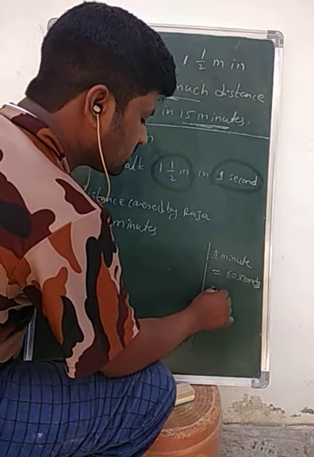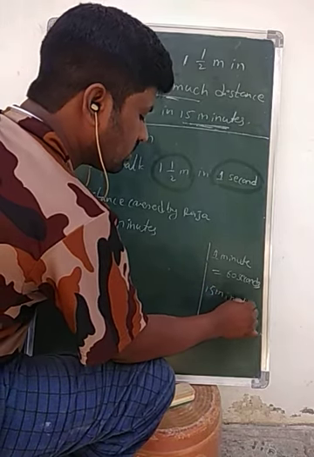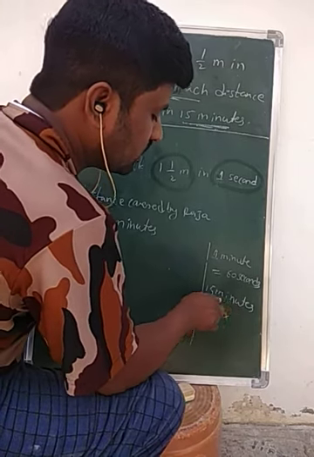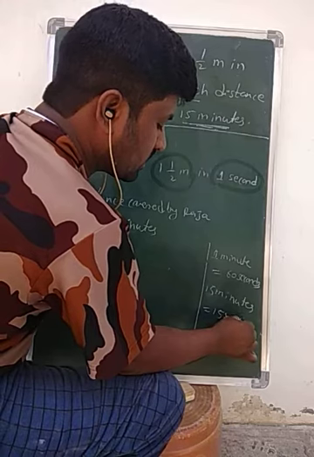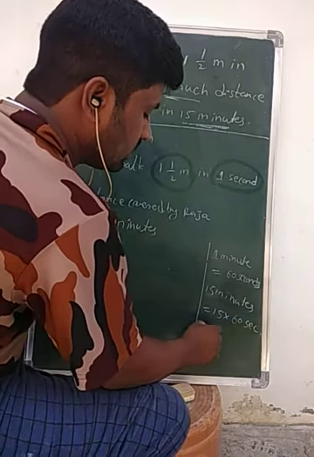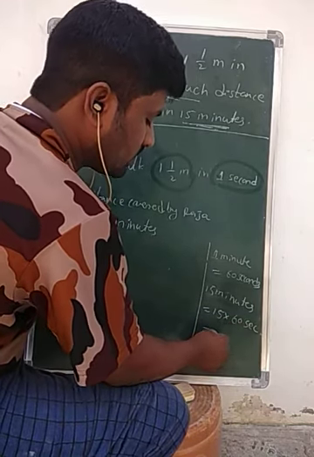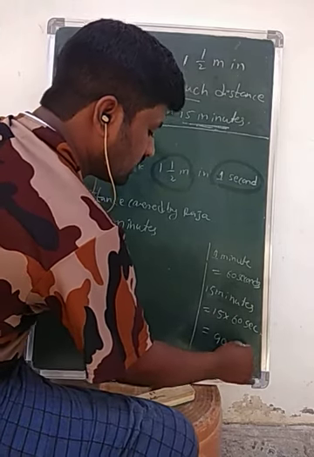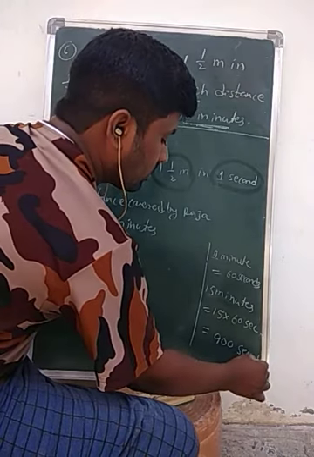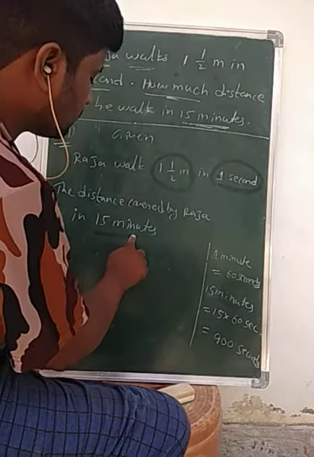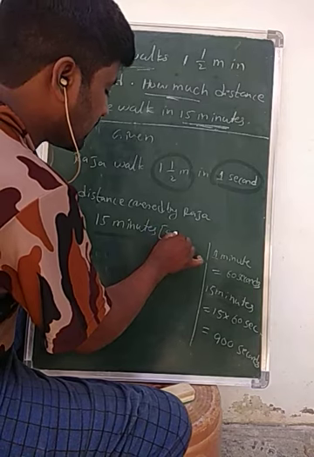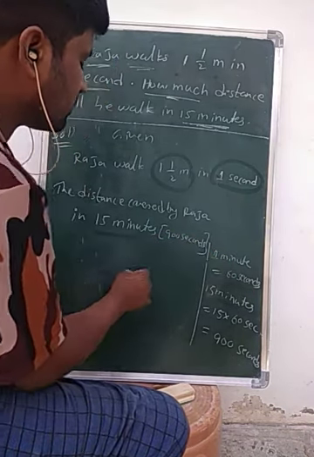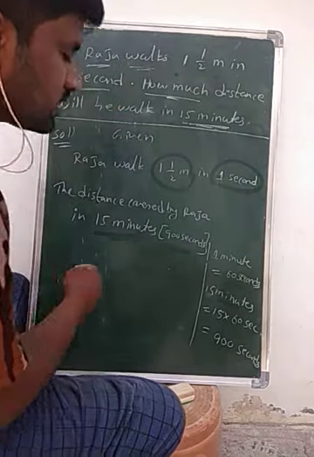And 15 minutes is equals to what? 15 minutes is equals to 15 into 1 minute means 60 seconds. 15 6s are 90, means 15 60s are 900. So 15 minutes is nothing but 900 seconds.